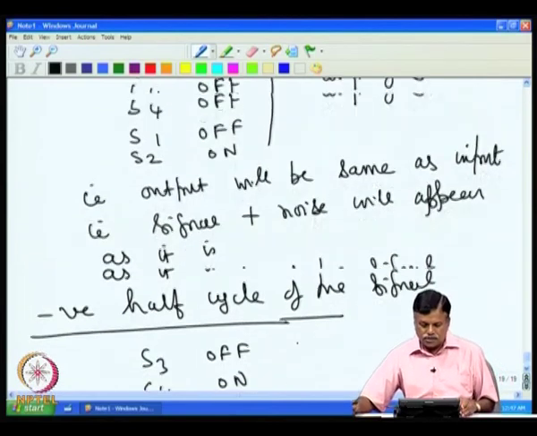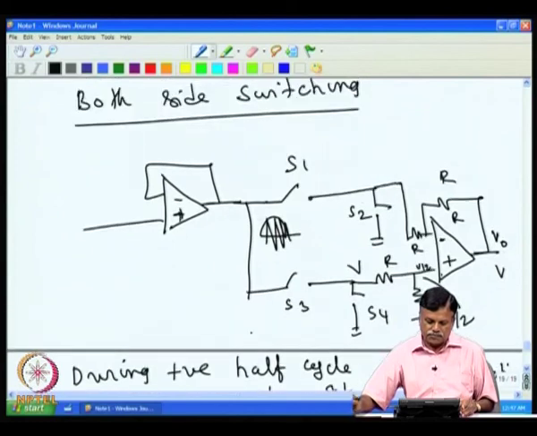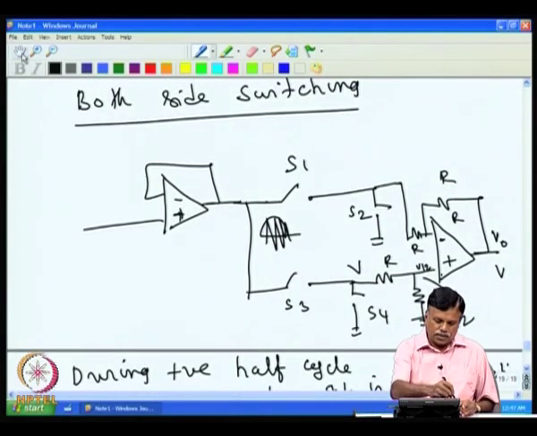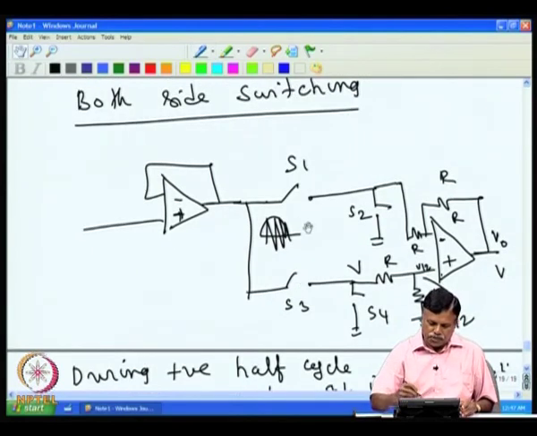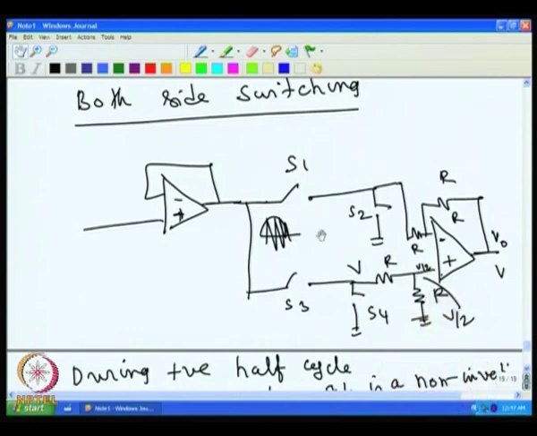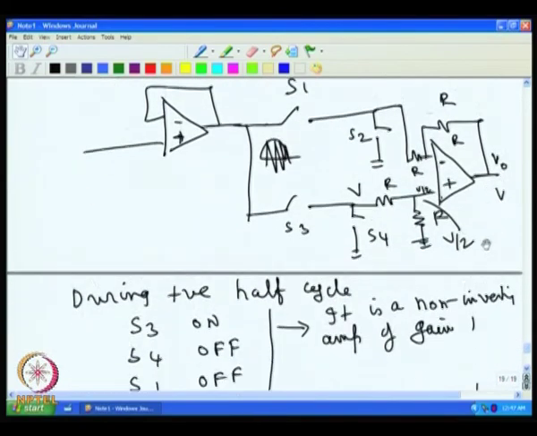That is, with the negative half cycle, I will keep this open and this closed, so that the plus input is grounded. Now, S3 is open, so no signal is coming here, and S1 is on. So, whatever negative signal is there will come here, and S2 is open. So, that signal will be applied here, and this is acting as an inverting amplifier.